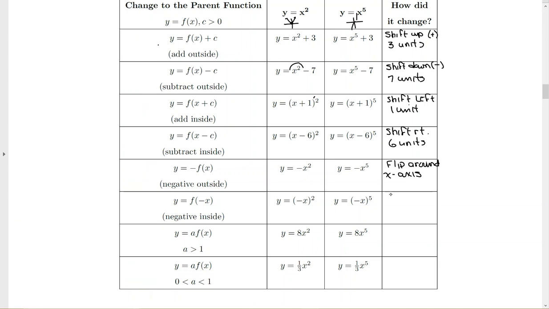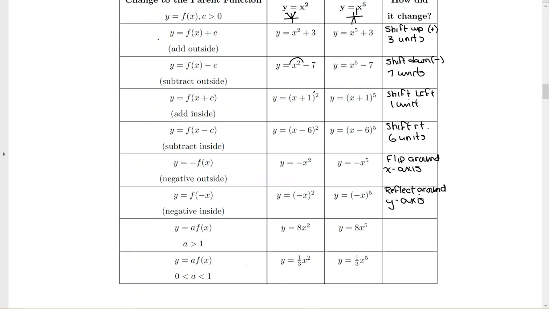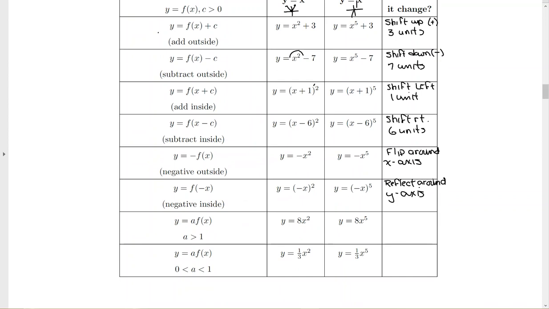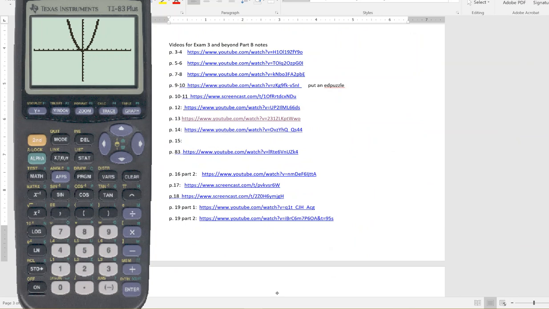So we can either say flip or reflect around the y-axis this time. The same is going to be true for the negative inside the function x to the fifth. If we put a number in front, this is going to either be a stretch or a compression, depending on the number here.